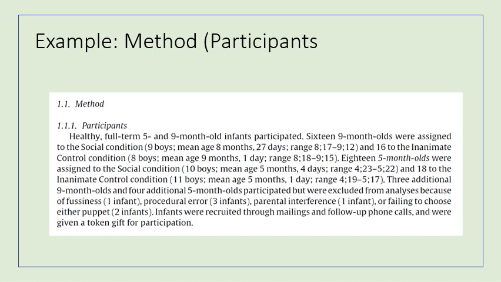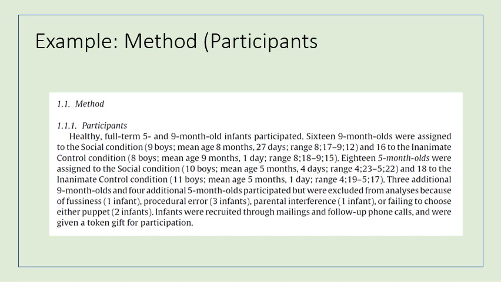So it looks like they're dealing with all boys right here, and 16 to the inanimate control condition, and they tell us the ages. 18 5-month-olds were assigned to the social condition, still all boys, and 18 to the inanimate control condition, all boys. 3 additional 9-month-olds and 4 additional 5-month-olds participated, but were excluded from analyses because of fussiness.